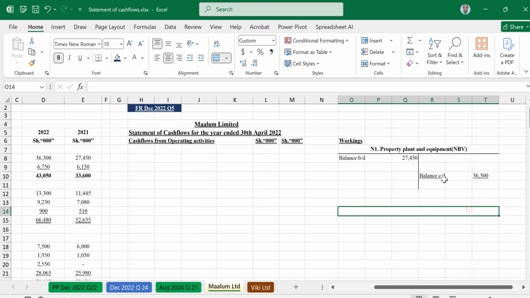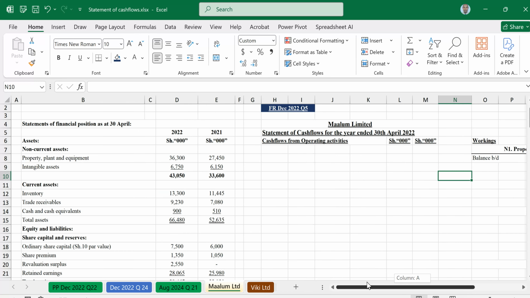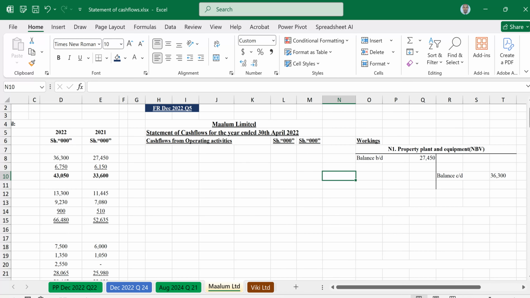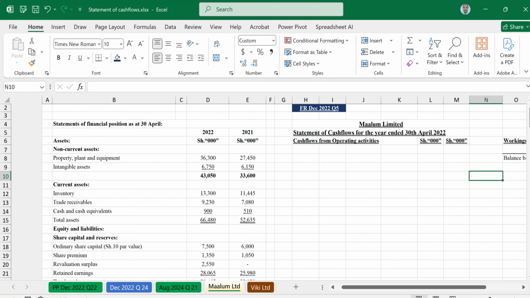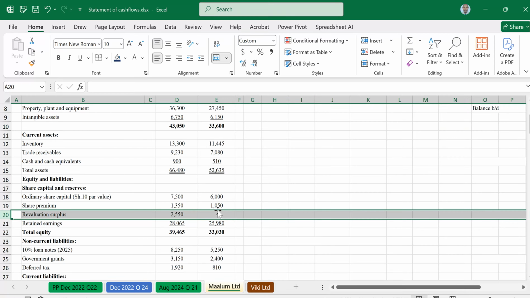Now, after what we've been given, we move to additional information. Before additional information, you check if there is revaluation. Remember, PPE is affected by revaluation. So the revaluation reserve changed from nil to 2,550.